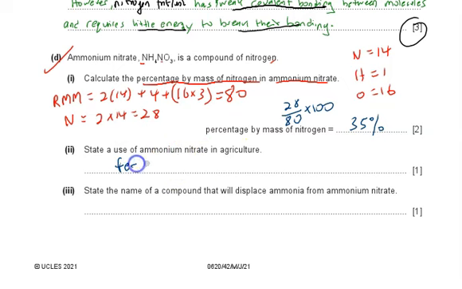You can say it is used as a fertilizer. State the name of a compound that will displace ammonia from ammonium nitrate. You can say it is calcium hydroxide.